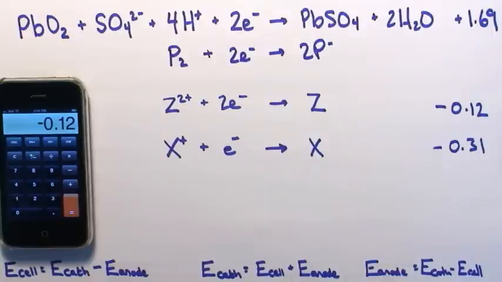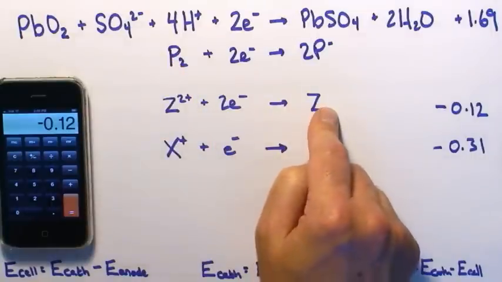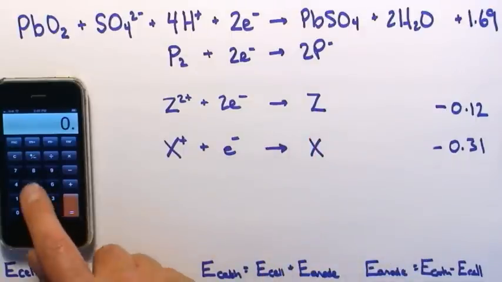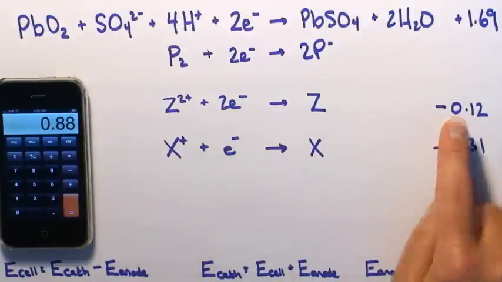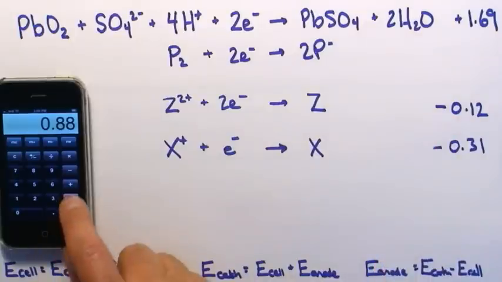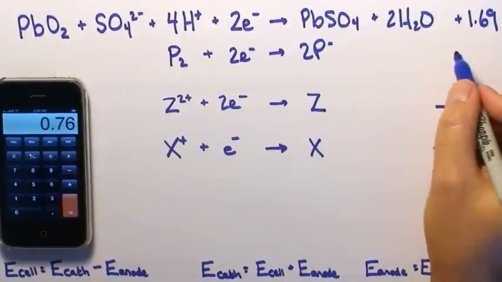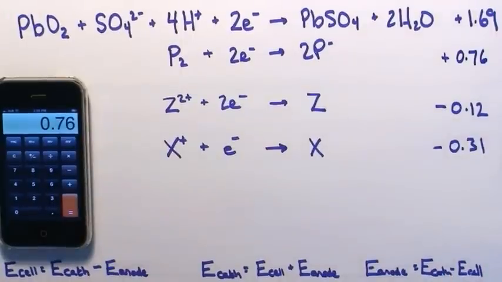It's worth pointing out that this is definitely a spontaneous reaction as indicated by the positive value of the electrical potential of the cell. So it's 0.88 for the cell minus the anode, which is negative 0.12. And that is positive 0.76. And so that's our table, our table of reduction half reactions.